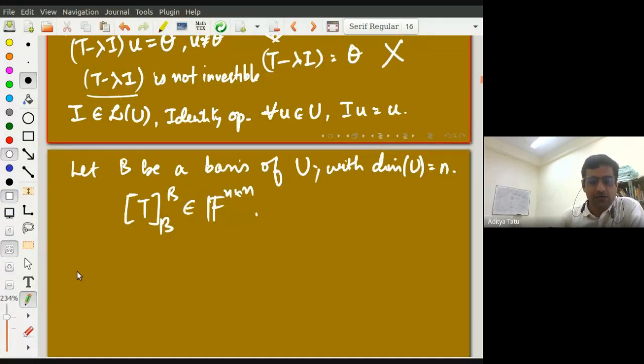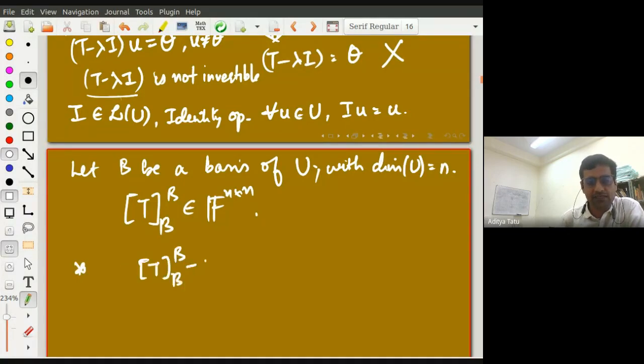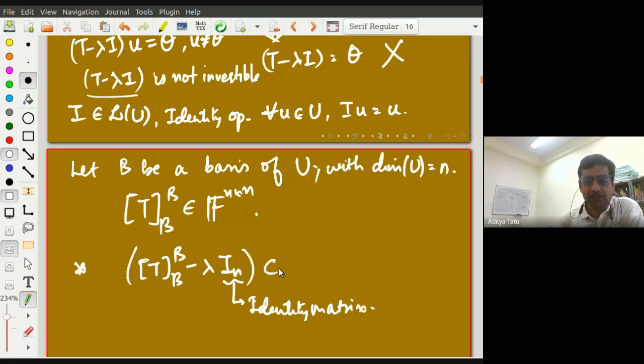If it is, now there's just one question. What can we say about this matrix, T_BB minus lambda I_n? Here I_n denotes the identity matrix. What can we say about this matrix? Is it invertible or not?